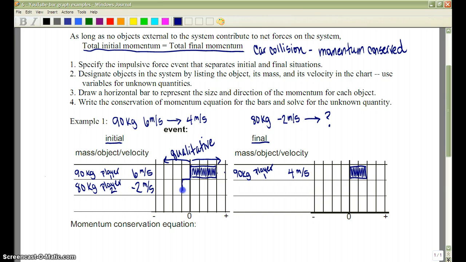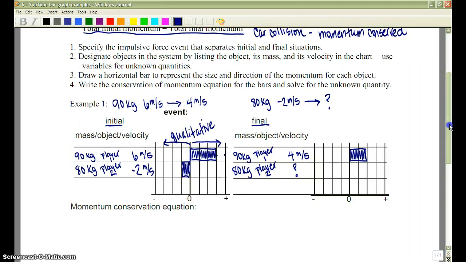So I'm going to fill in my bar. Notice I'm going from the 0 line, and he's negative, so I need to show him going the other direction. Then for my 80 kilogram player number 2, this is one where I don't know his velocity. So in that case, I'm not going to have a bar.